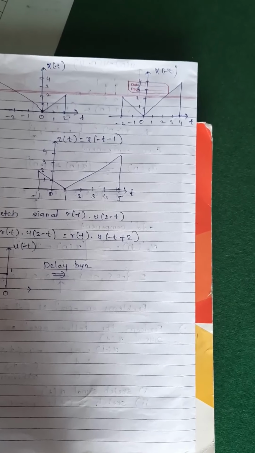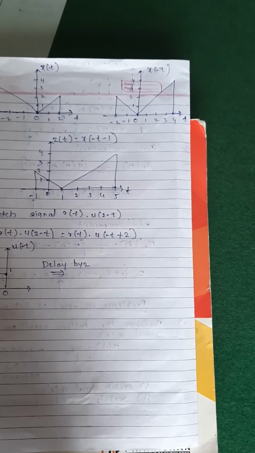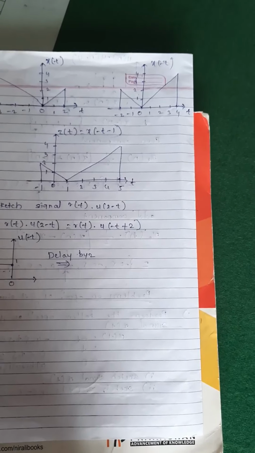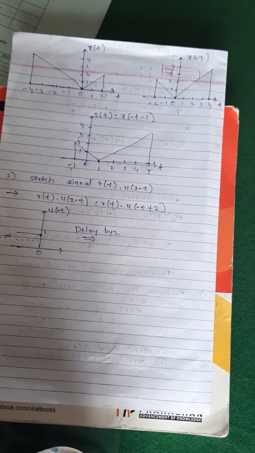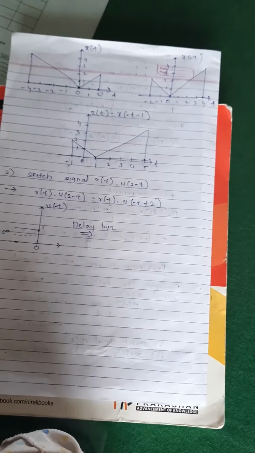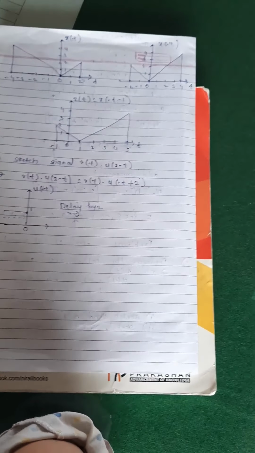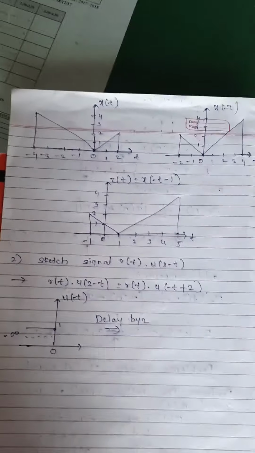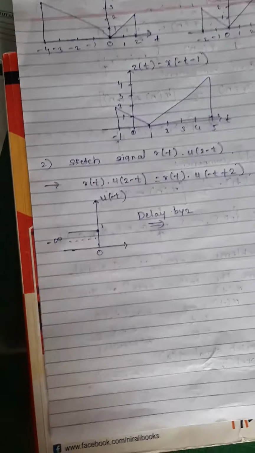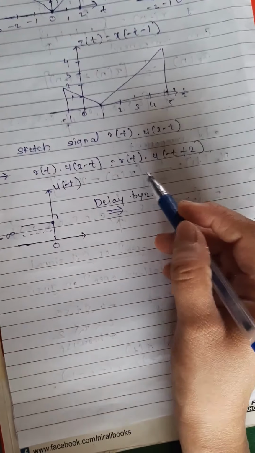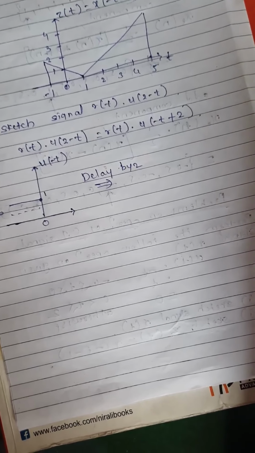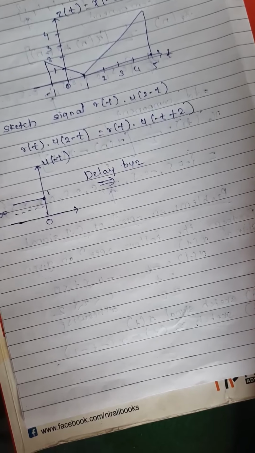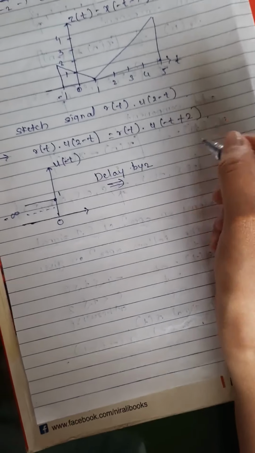Delay by 2 is u of minus t plus 2. So here we have to shift the signal towards right side by 2 and R of t is the ramp signal. So multiplication of R of t and u of minus t plus 2. So it is delay by 2.